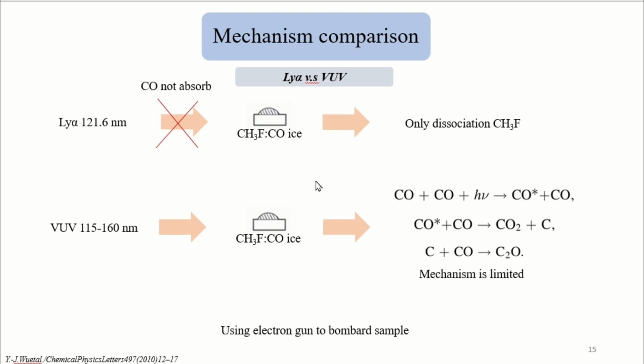After the two kinds of photolysis experiments, we can compare the difference. First, consider that CO ice doesn't absorb Lyman alpha light at 121.6 nanometer. So the product from Lyman alpha is dissociation of methyl fluoride, while UV light covers a wider range from 150 to 160 nanometer.